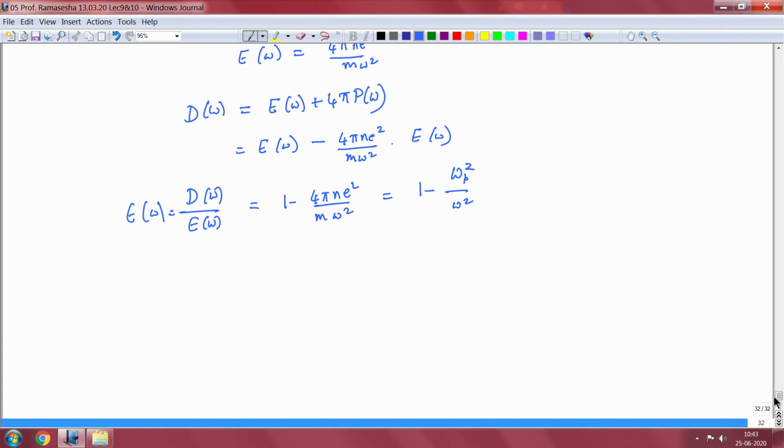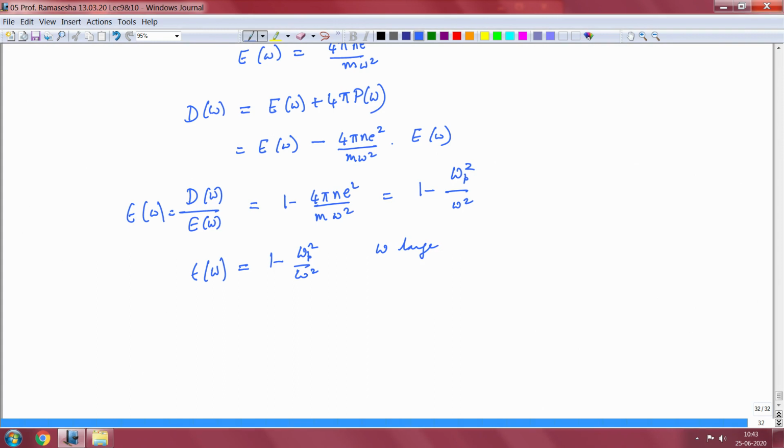Now if the dielectric constant epsilon omega is 1 minus omega p squared by omega squared, actually this expression is true for omega very large. Okay, so let me say omega large. So this expression is true when omega is large.